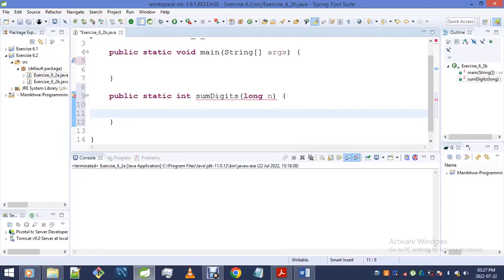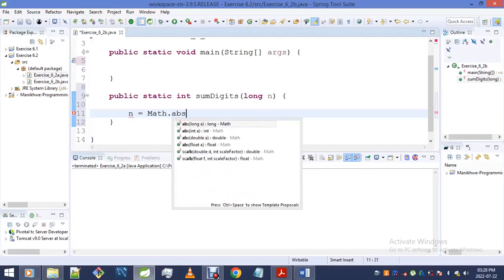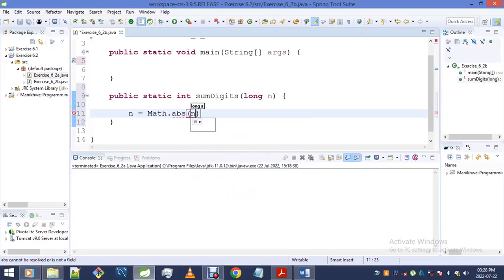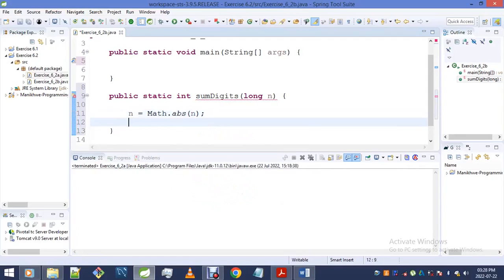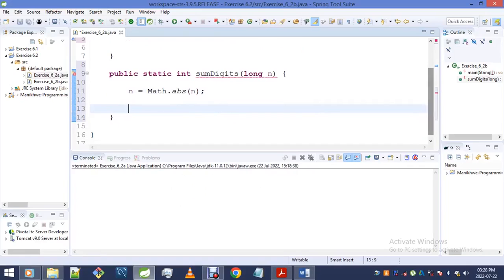So I'll simply go, and I could do this, you guys. n is equal to the method abs(n). And then I do that. Now my n value will always be positive.